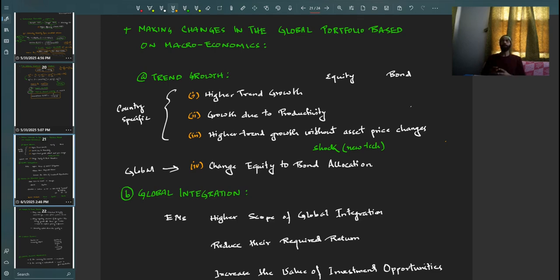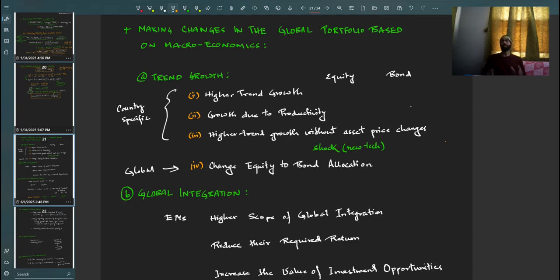Now when we are trying to invest in a global way, that is viewing the market as a global market and then zooming in into the assets that we value, and also zooming into the currencies that we think are going to do well, then multiple things have to be taken care of, right? What are these factors, and based on these factors, what kind of rebalancings or reallocations need to be done? That is what we are going to discuss now.